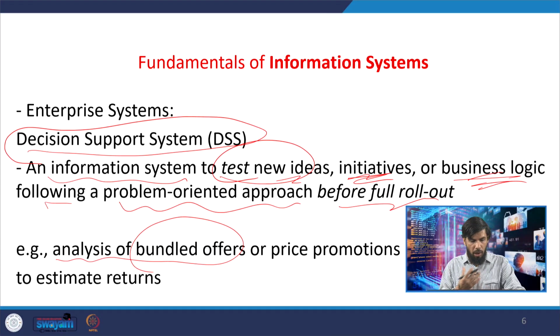But how to figure out what the impact would be? So testing the impact of an idea, that analysis is to be done somewhere. Decision support system provides that kind of support. Similarly for price promotion, we would like to estimate returns of these initiatives and business logics. So decision support systems are for this purpose, right, for testing out.